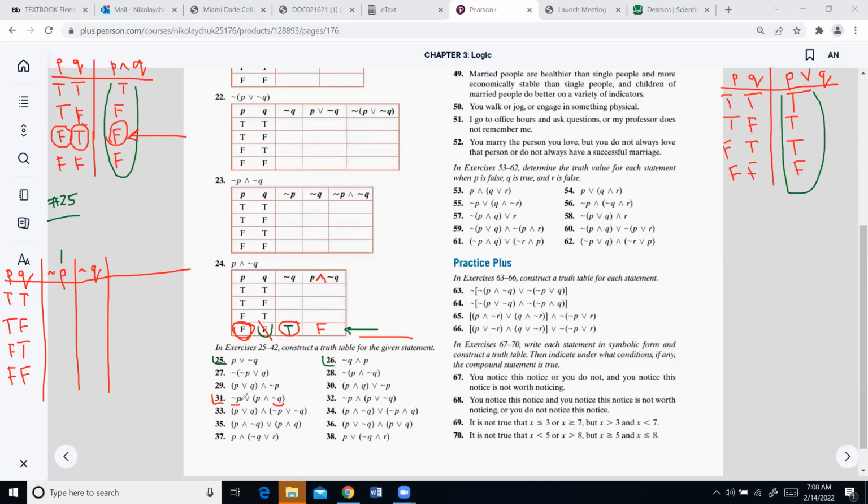Okay, so there is not P already. And the other piece I have is my parentheses with P and not Q. So I put this parenthesis, P and not Q, in it. So that's the next thing I need.